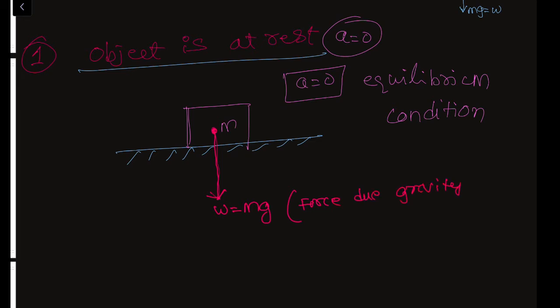Whenever weight acts downward, there is a surface, and a force comes into play that acts perpendicular to the surface. That force we call the normal or reaction force.